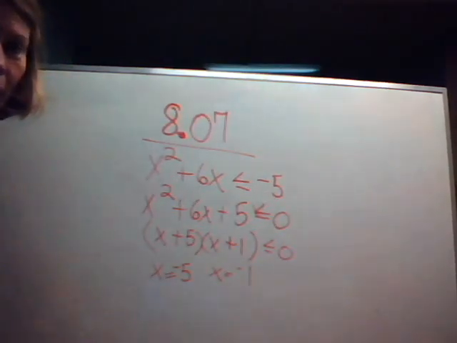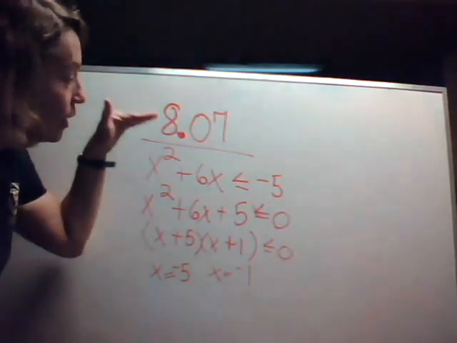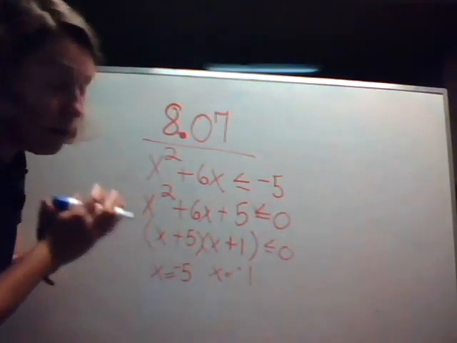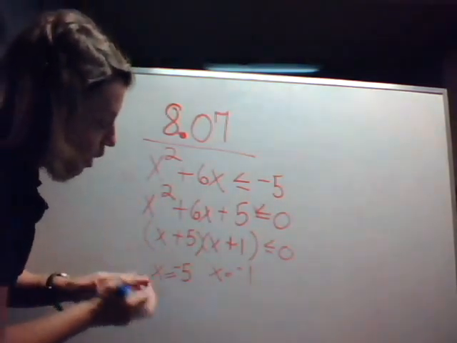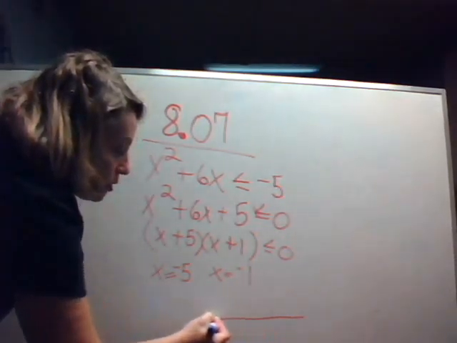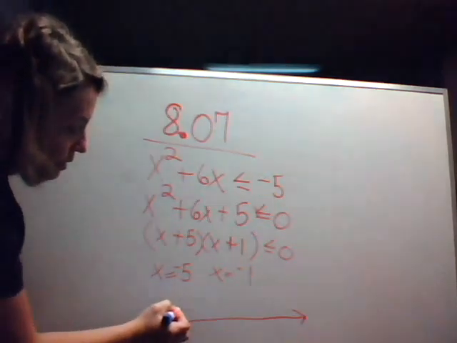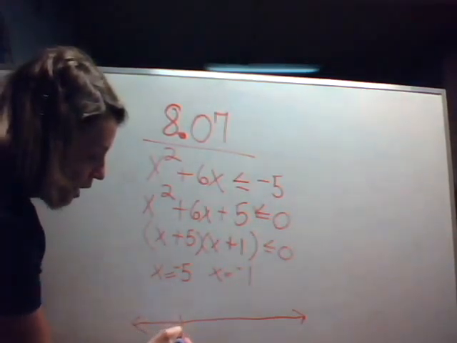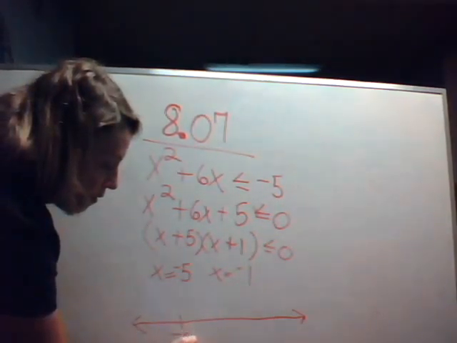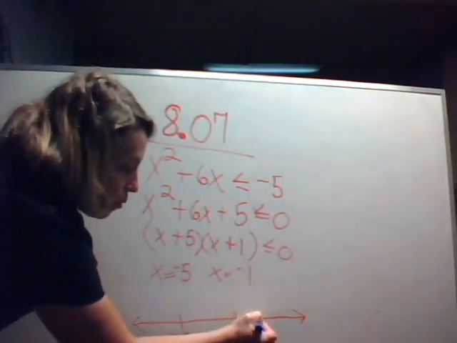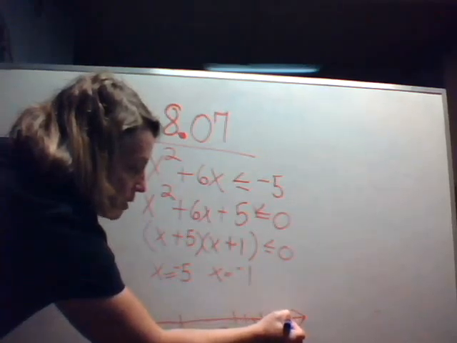Okay, so now I can graph my quadratic that actually looks like this and decide if I shade in or out. But before I do that, what you can do is give yourself a number line. And this works for all inequalities. I'm going to have a negative 5, and then a negative 1, and then of course here's 0, 1, 2, 3, 4, positive 5.